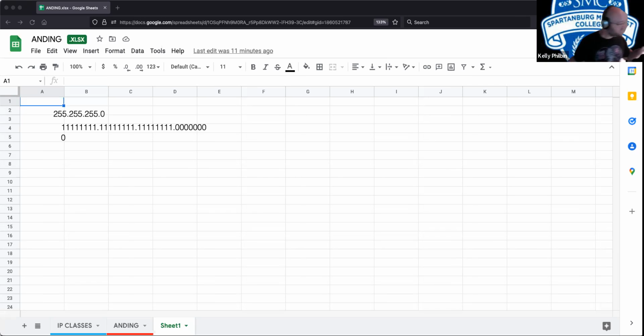So CIDR notation, if we had a class C, we would represent it either as 255.255.255.0, or 24 ones followed by 8 zeros, or as a real quick shorthand, if we had an IP 192.168.10.5, we might write it like 192.168.10.5/24.